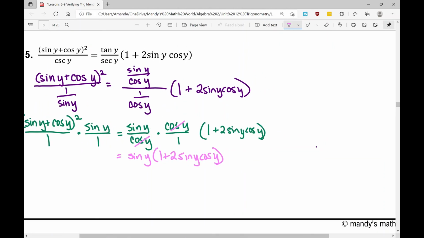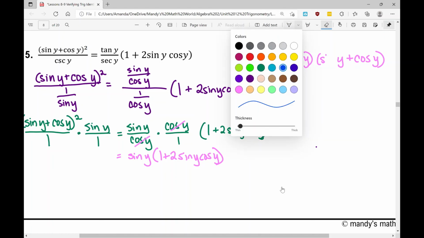Okay, so the one on the left, I need to go ahead and rewrite that. Sine y plus cosine y squared is sine y plus cosine y times sine y plus cosine y. And these are just two binomials, and we need to FOIL them. So this term plus this term plus this term. Let's go ahead and FOIL them: first, outside, inside, last.